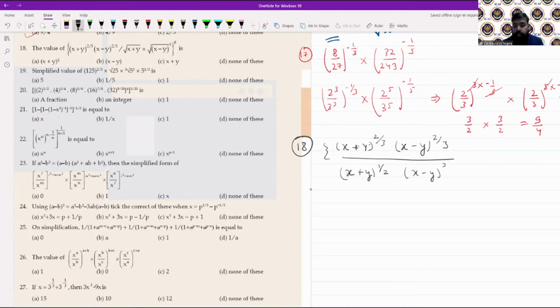So we can write 3 by 2. Since it is x minus y cube and then square root is there, so x minus y to the power 3 by 2 can be written. And then whole to the power of 6. So this is the given question.